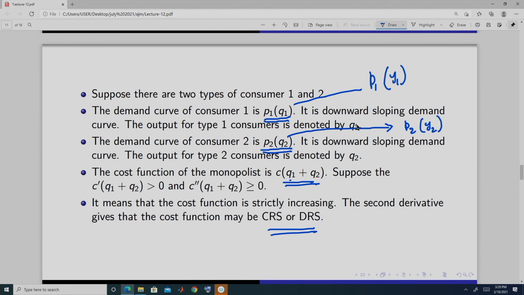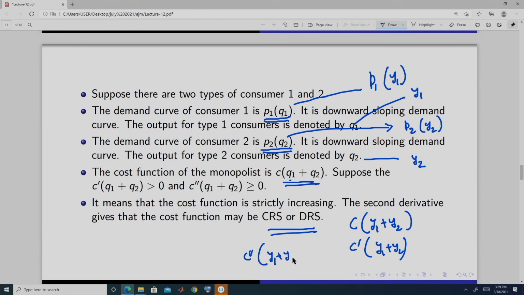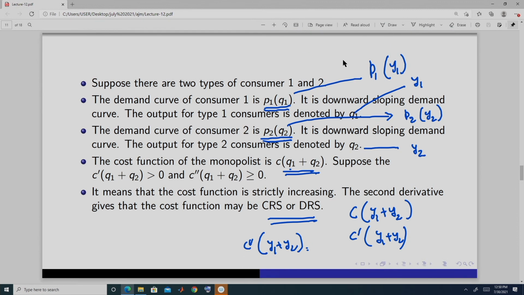Output here is not Q1, it is Y1, output is Y2. And here the cost function is C of Y1 plus Y2, and marginal cost is this, and the derivative of the marginal cost is this. I just messed up the symbols.